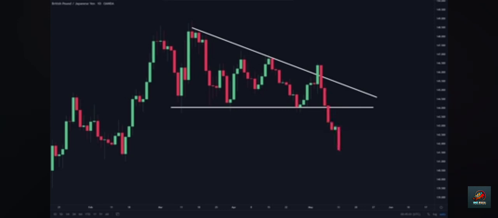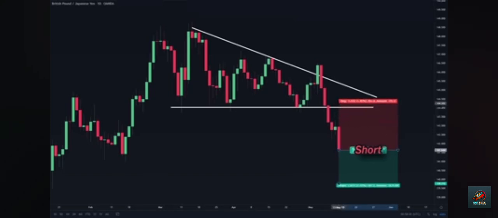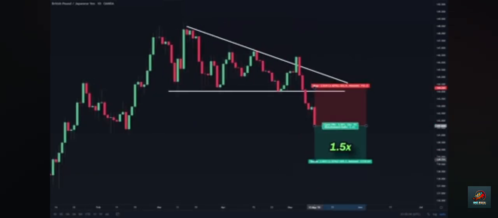Next, you can see multiple red candles that formed after that, so these multiple candles count as a momentum candle. So we take a short position. Now for your stop loss, you place it slightly above the key level and apply the 2-step take profit system. So step 1, place a profit target at 1.5 times your stop loss.